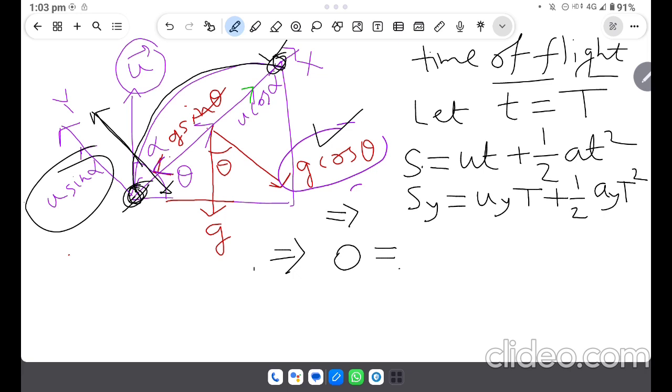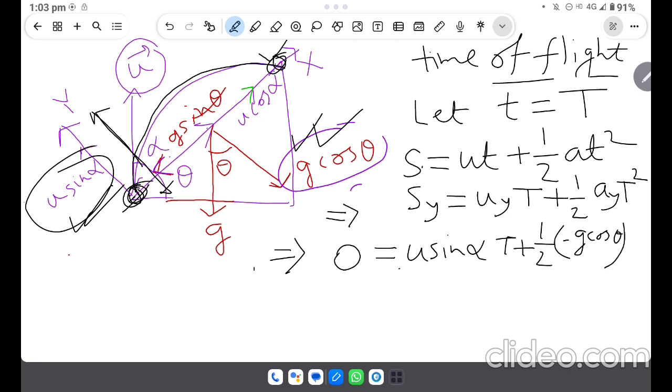Uy is u sin alpha, multiplied by capital T, plus half multiplied by ay, which is minus g cos theta, multiplied by T square.